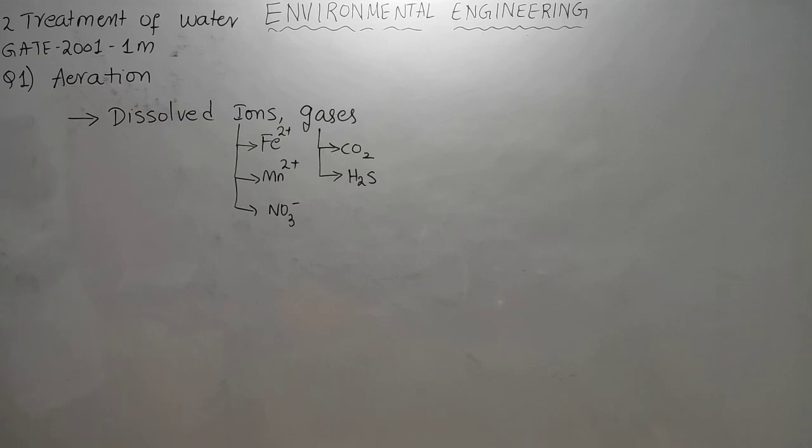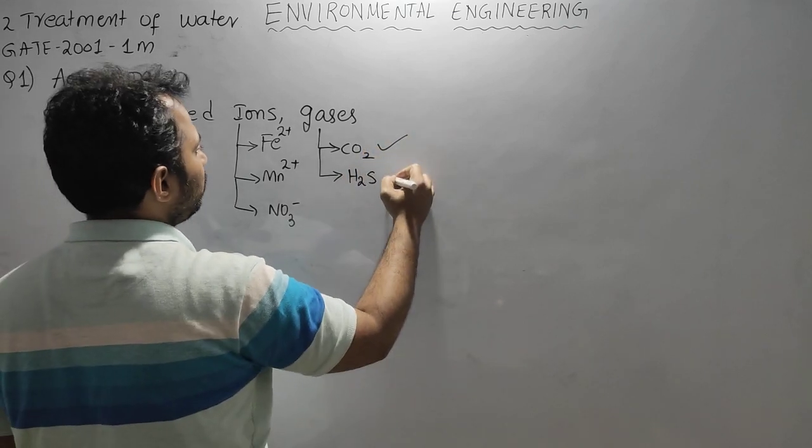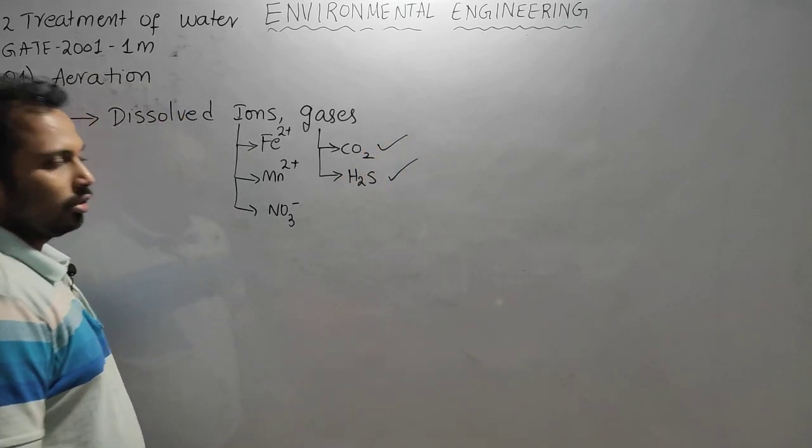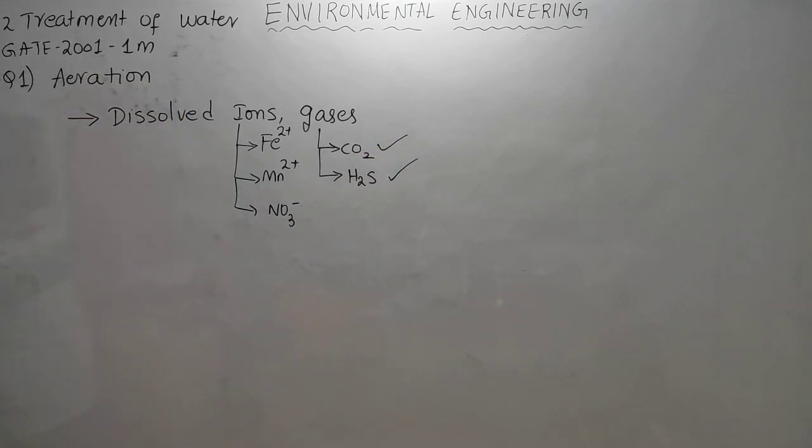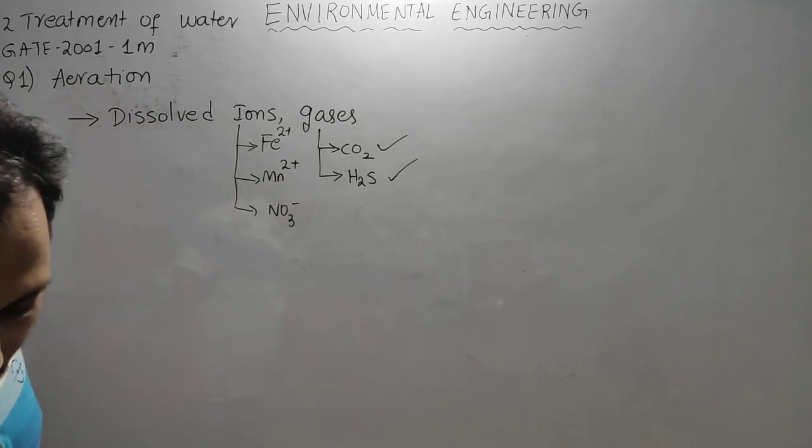So aeration cannot remove salts. Dissolved gases are removed by aeration, so this is correct. Not dissolved salts, and color is not directly removed, only indirectly by removing dissolved ions. That is the answer of the first question.